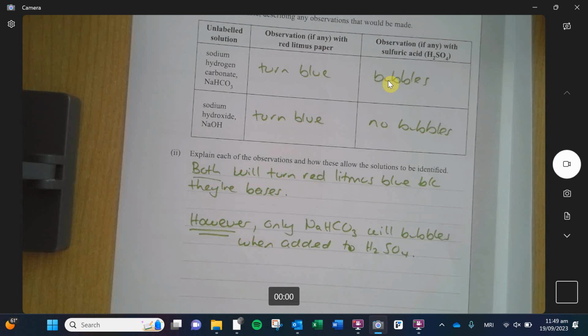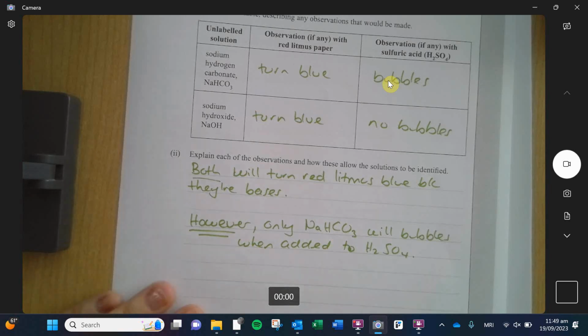And we can start explaining with more layers. It'd be like, this is because the sodium hydroxide only forms water and salt, whereas the sodium hydrogen carbonate and sulfuric acid will form water, salt, and the carbon dioxide. And the carbon dioxide's bubbles. Right. Do you need me to write that down, or you got that? It's like a gist. Could you write that down? Okay.